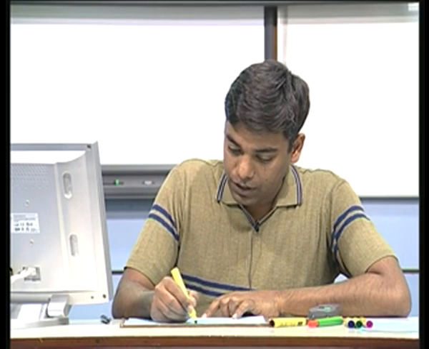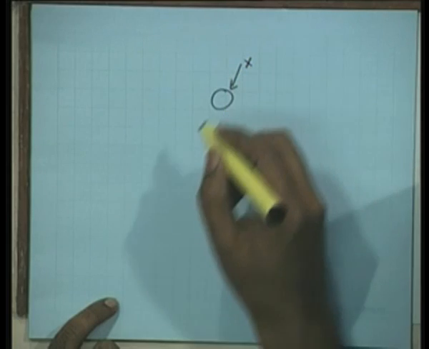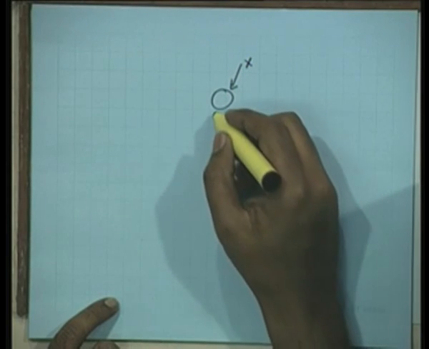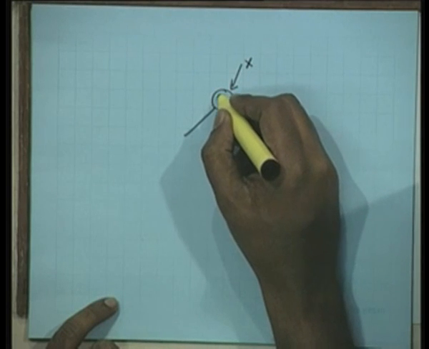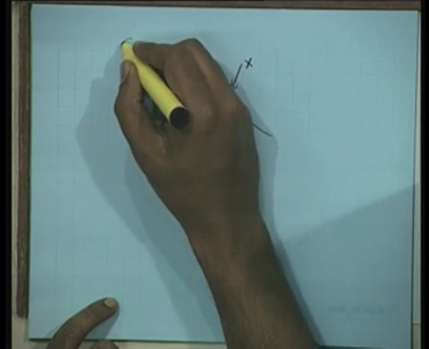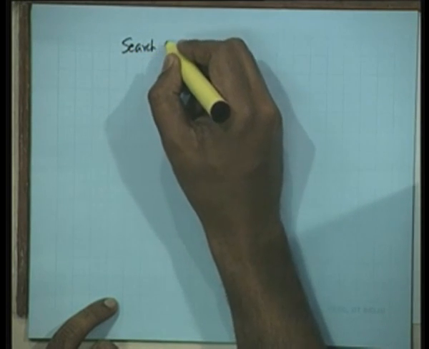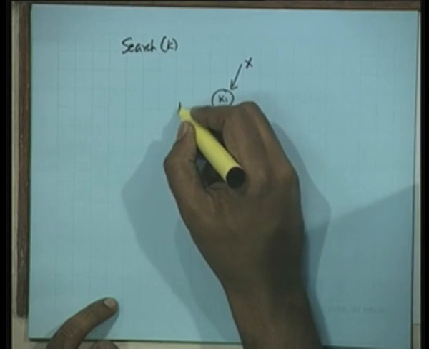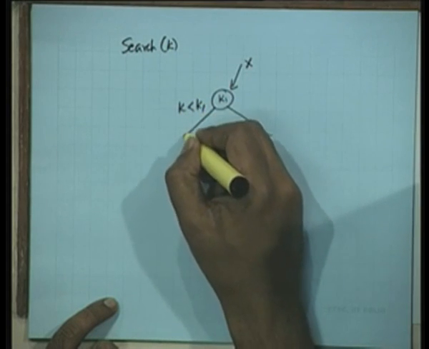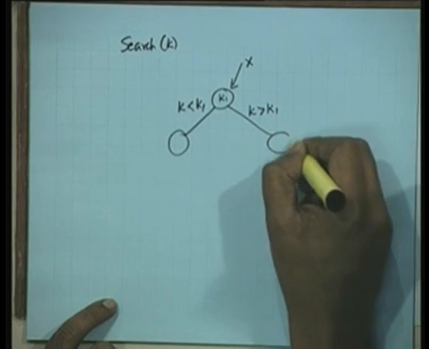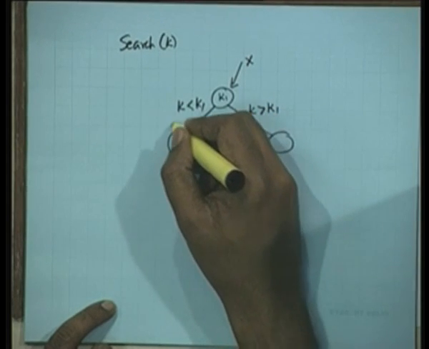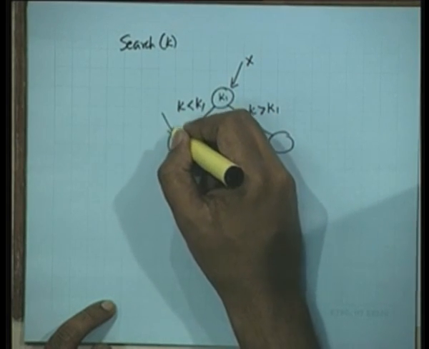Right, so we started off with x referring to this node, and then we said, suppose there is a key k1 here and we are searching for the key k. If k is less than k1, then we go left. If k is more than k1, we go right. Since we go left here, we continue the search here.